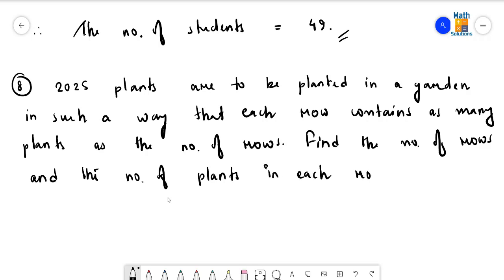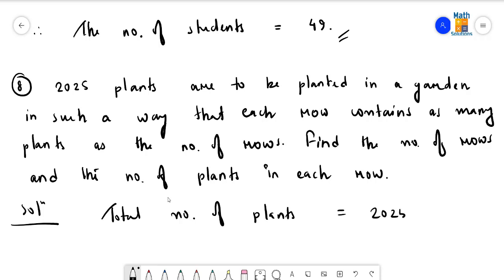This question is exactly similar to the previous question. So here goes the solution part. Total number of plants we get as 2025. The prime condition given here is what? Each row contains as many plants as the number of rows.